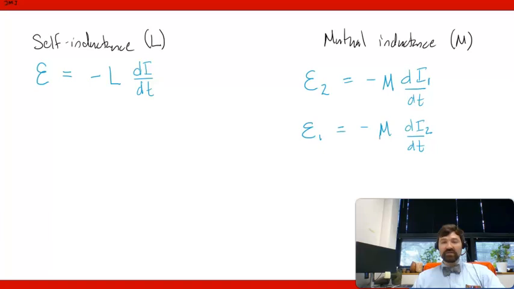So both of these equations are actually true. The mutual inductance is valid for both. So once you've found the mutual inductance of device 1 acting on device 2, you've also found the mutual inductance of device 2 with regard to device 1. So that's how these are defined.